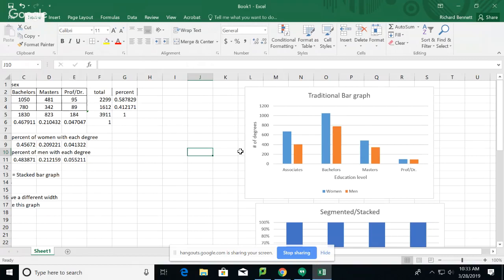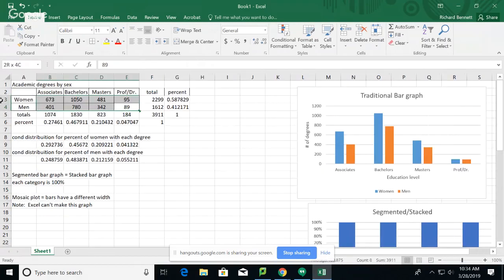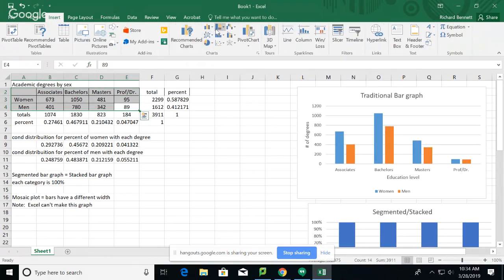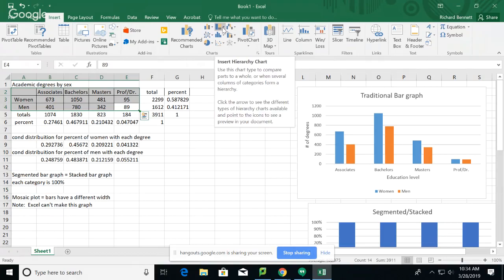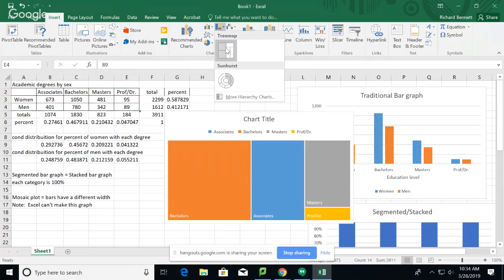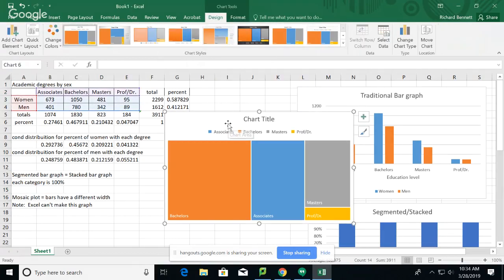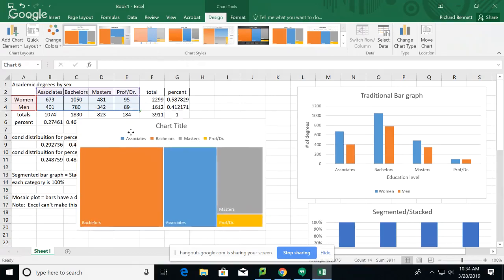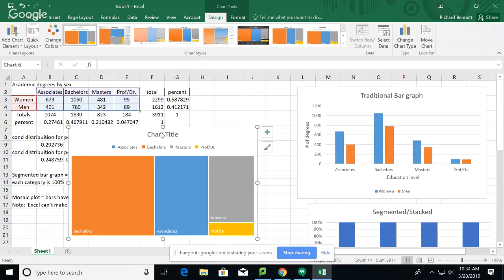Excel won't do that, but the closest thing it will do is, if I highlight my data here and click on the next one over, it calls it a tree map. This is the closest to the mosaic.